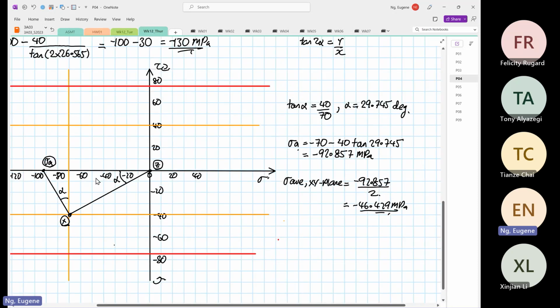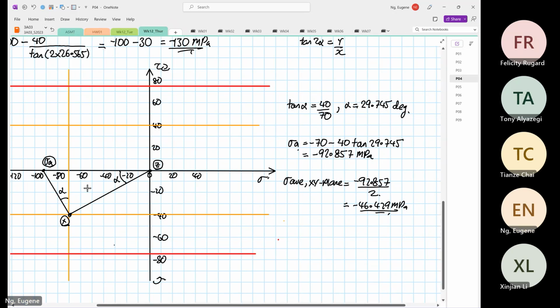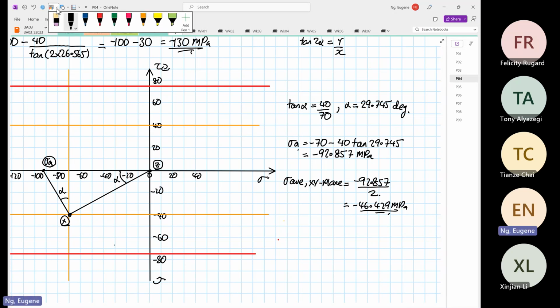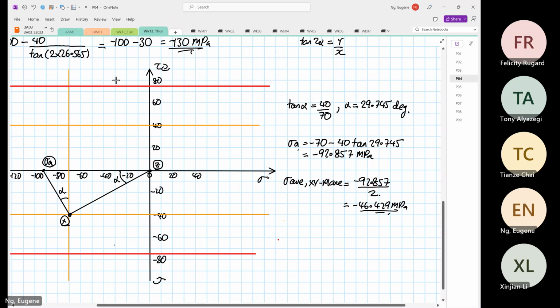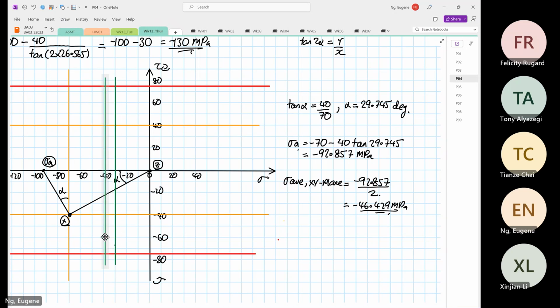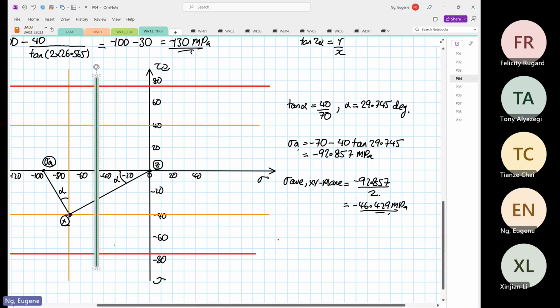So it's 46. So I'm just going to eyeball this. So 46, we're going to use green. So 46, this is 45, 46 is about here. Then from here, we can draw a straight line, right, across.